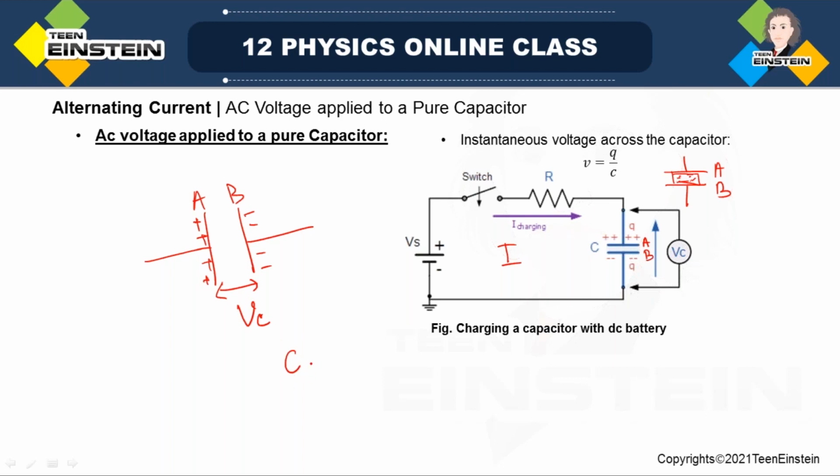Okay, so as the number of charges are accumulated, suppose this capacitor has capacitance C, it can hold some 20 microfarad charge. Okay, microfarad. So this is the capacitance, and it can hold suppose, I'll just take an arbitrary number, some capital Q coulomb charge.